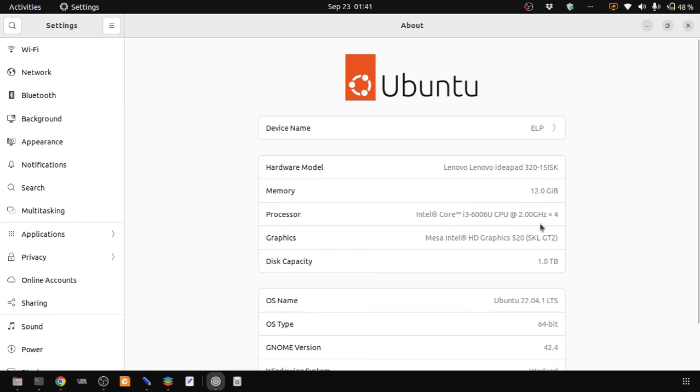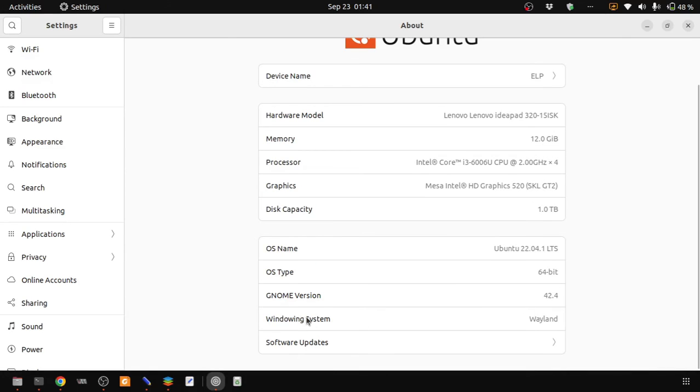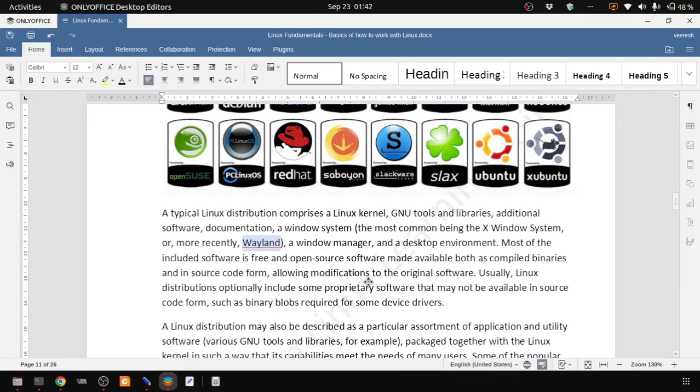If you see, the windowing system is Wayland, and it is GNOME version 42.4. That is the desktop environment. Okay, now I correct myself. So, a window manager and a desktop environment. Yeah, the desktop environment is GNOME and things like that.